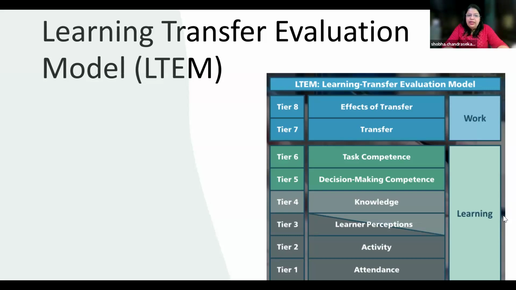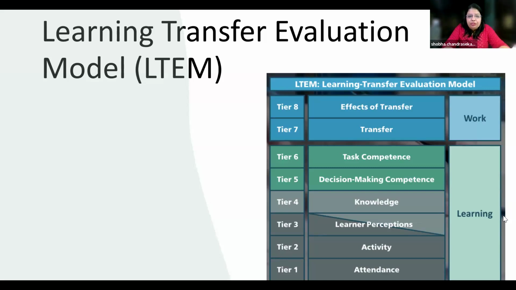Then there is the knowledge part. If you see, they are all color coded. All of this, up to knowledge, is focused on the learning piece. At this level, knowledge acquisition is measured. It assesses how well the learners understood the content, whether they can recall and explain information.